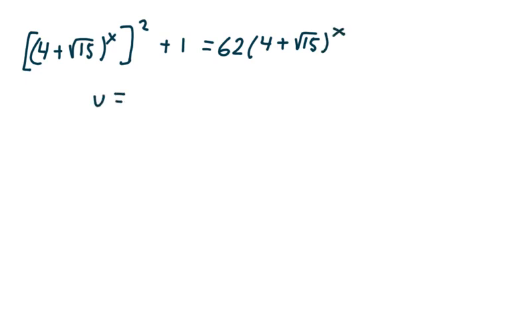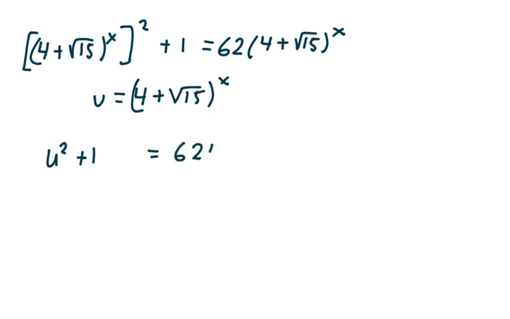And this can be done by substitution. So I'm going to let u equal 4 plus square root of 15 to the x. And when I make my substitution, I get u squared plus 1 equals 62 times u. So u squared minus 62u plus 1 equals 0.